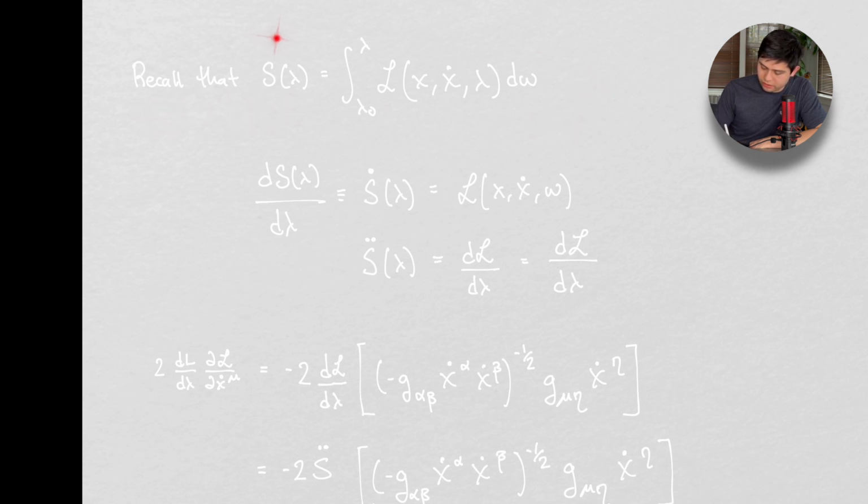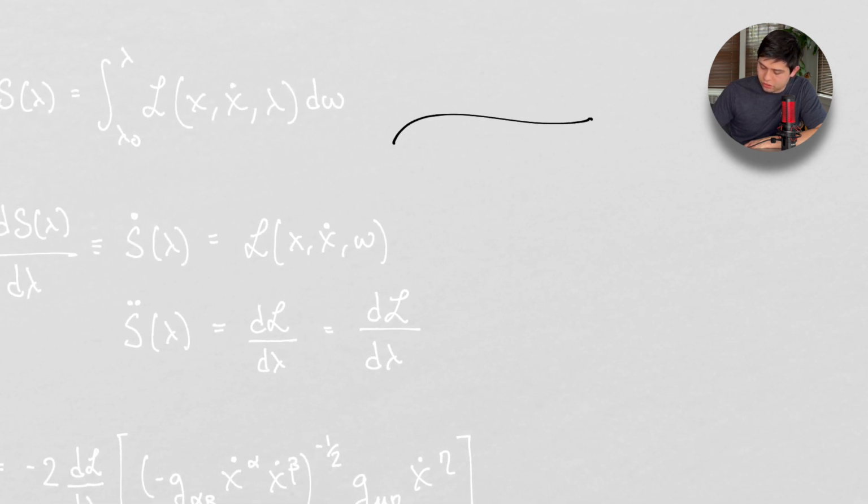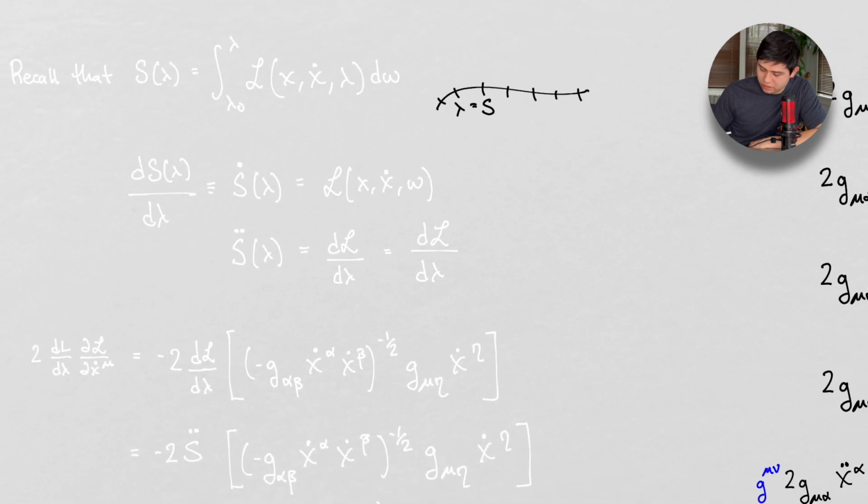So we want to recall now the action, right? The action is just a functional of the Lagrangian, and using our fundamental theorem of calculus, we can take the derivative with respect to the parameter. Again, here's our geodesic, and we parameterize our geodesic in this way, and we're saying that the action is equal to that parameterization, and that's important.